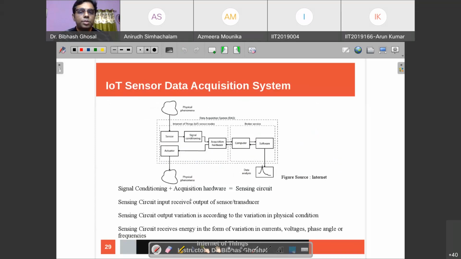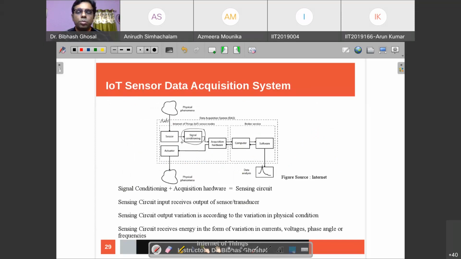And this is overall the sensor data acquisition system for an IoT based system, where, as you see, physical phenomena give you the data. The data is captured by the sensor. There's some kind of signal conditioning.